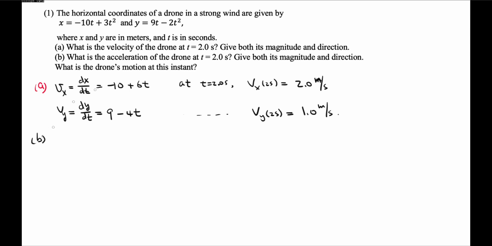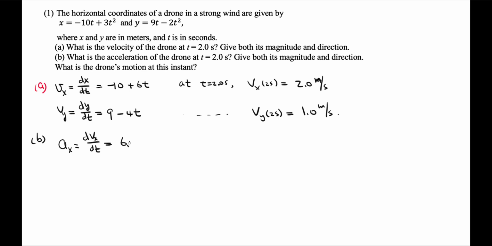Now question B. The acceleration is the second derivative of the position vector, or the first derivative of the velocity vector. So let's start from the velocity here. ax equals dVx/dt equals 6, without any t dependence.